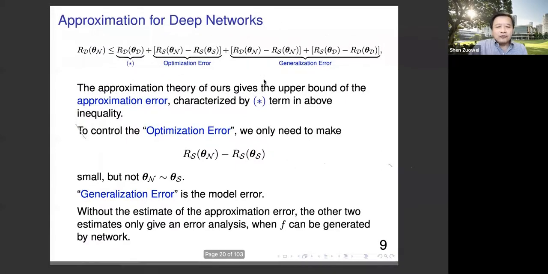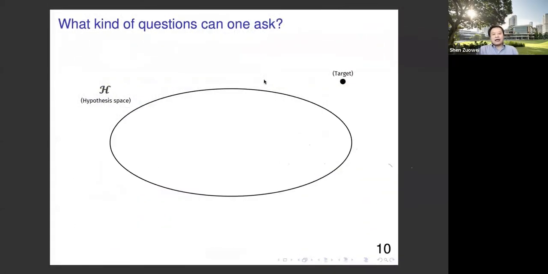Given a neural network, given a width and a depth, you generate the parameterized space, which we call the hypothesis space. This is your target function F. When I talk about approximation error, it is the distance between the target function and the hypothesis space.